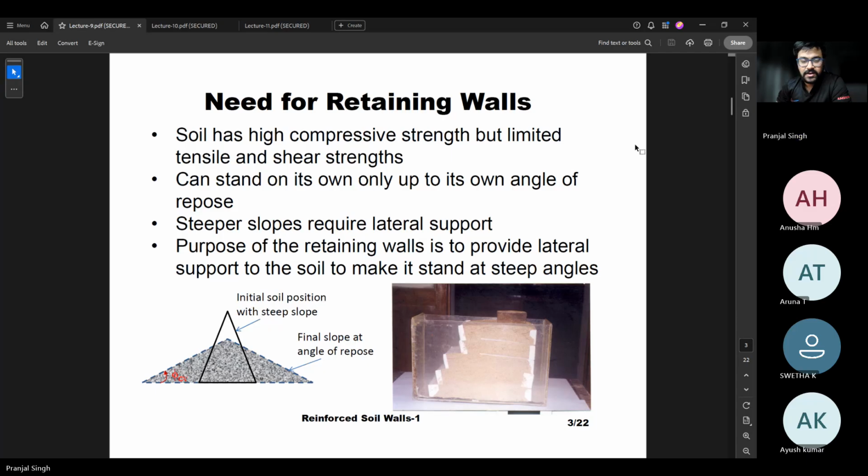If the angle of the slope is very high, about 90 degrees, we call it a wall. If it's low, say about 30-45 degrees, we call it a slope. So we are specifically talking about walls here. Reinforced slope is another topic which is not covered here, but the principle remains the same.